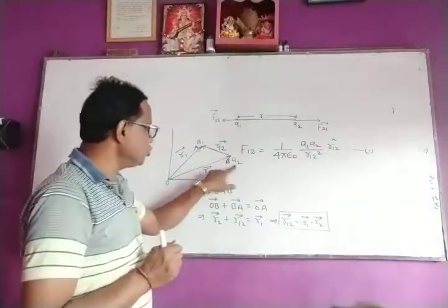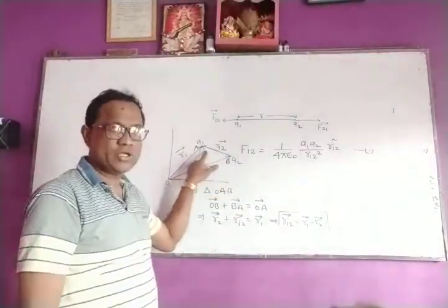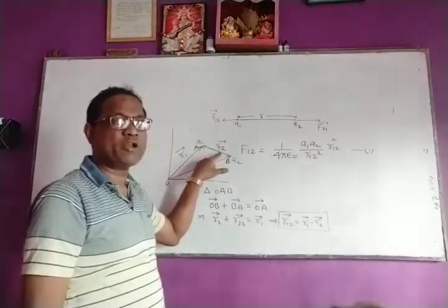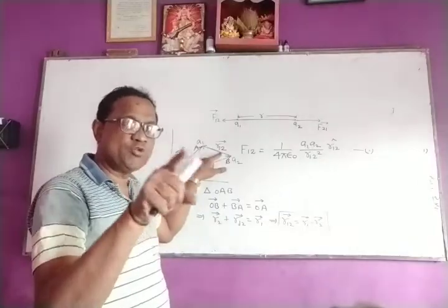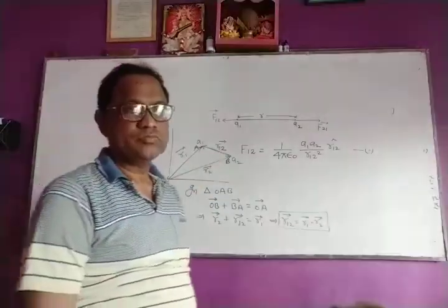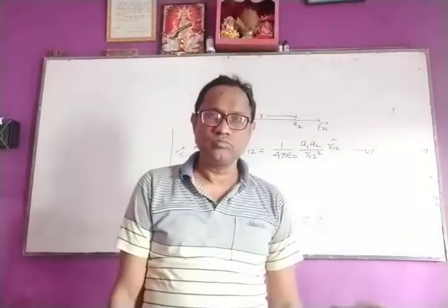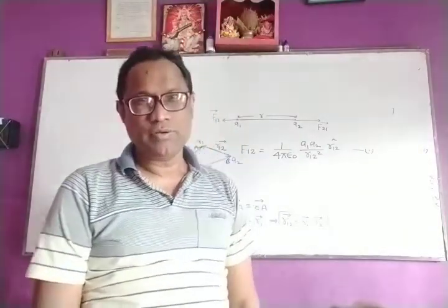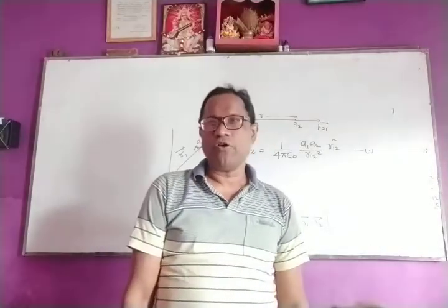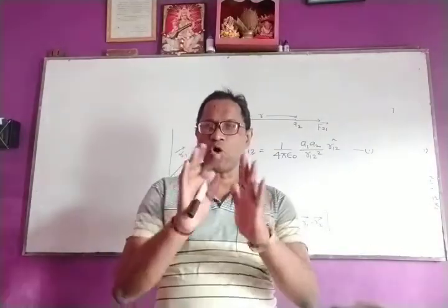So Q2 meets Q1. It is represented by R12, position of Q1 with respect to Q2. I want to know what is the meaning of R43.